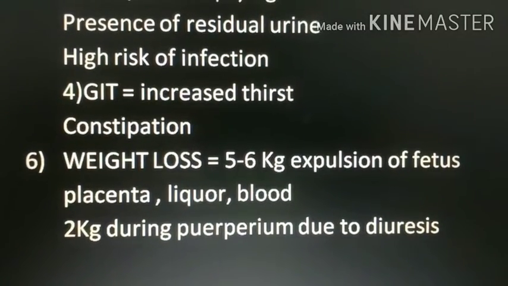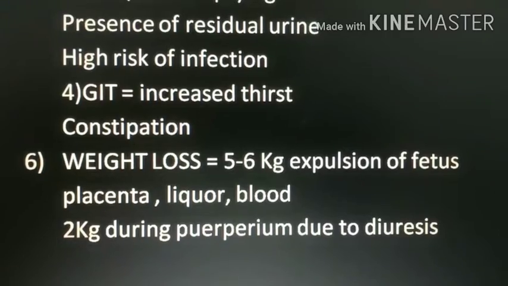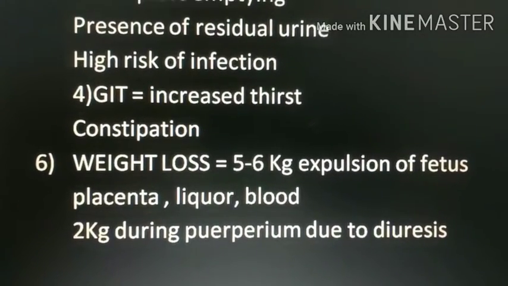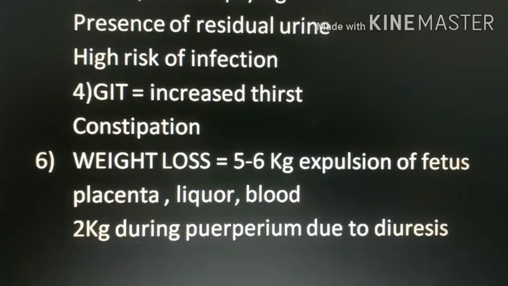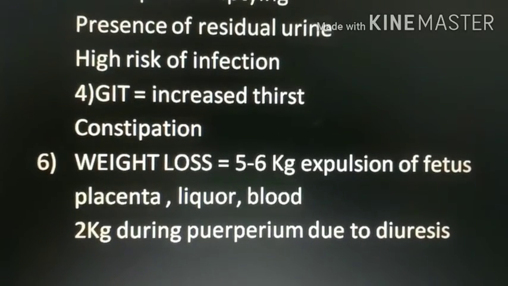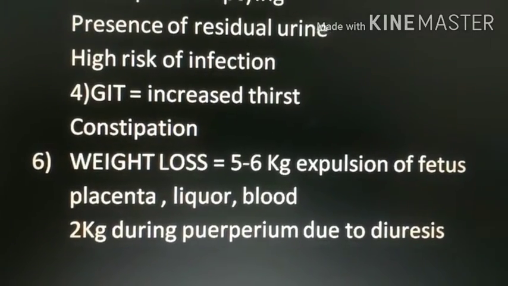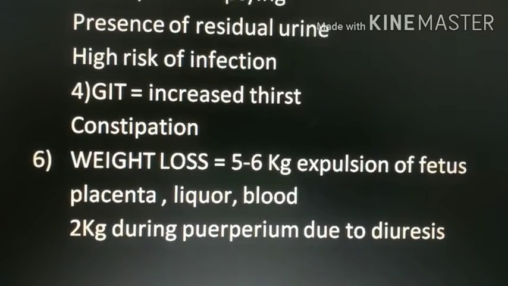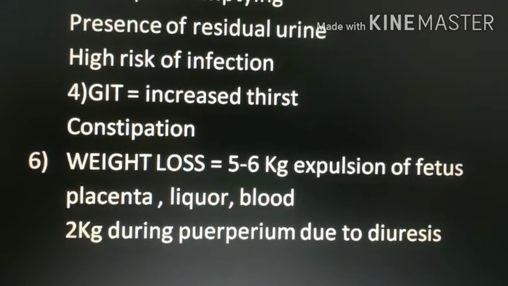Constipation can occur due to delayed gastrointestinal motility. Next is weight loss, 5 to 6 kg as a consequence of expulsion of the placenta, fetus, liquor, and blood. 2 kgs during the puerperium due to the diuresis. This weight loss may continue up to 6 months after delivery.